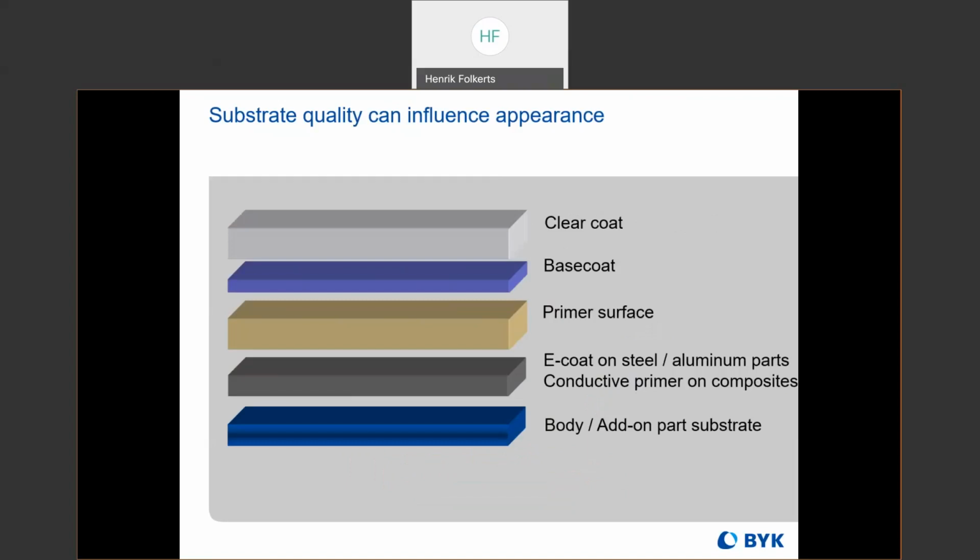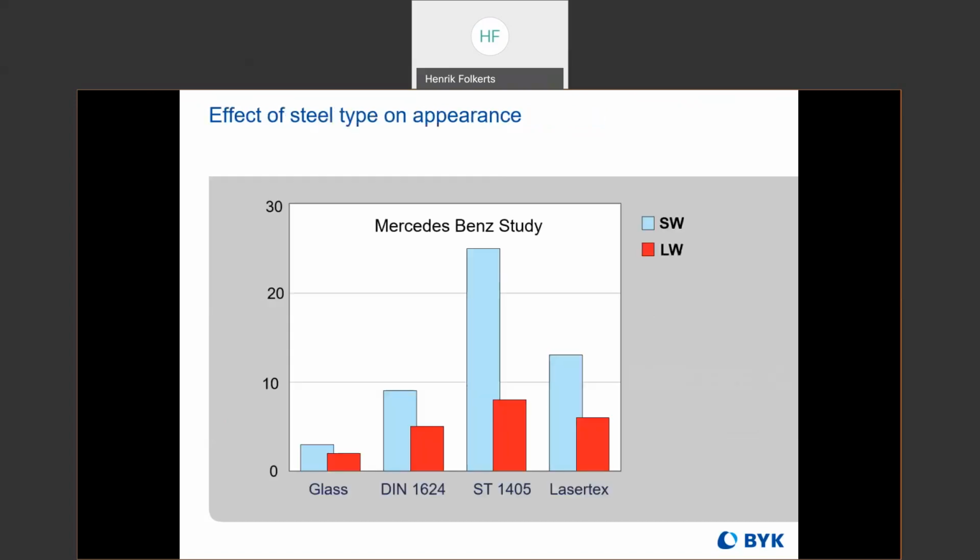Sometimes there are fewer, sometimes not, but each of these layers is going to have an effect on the final appearance of the overall coating. The WaveScan can be used to detect what's going on due to differences in different layers.